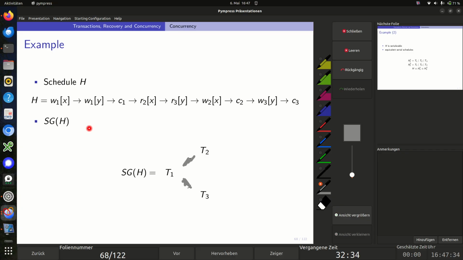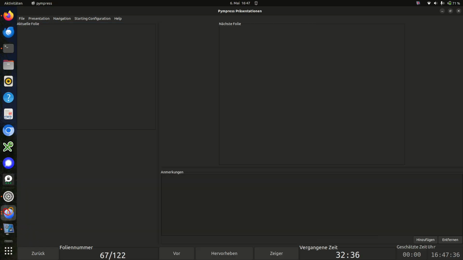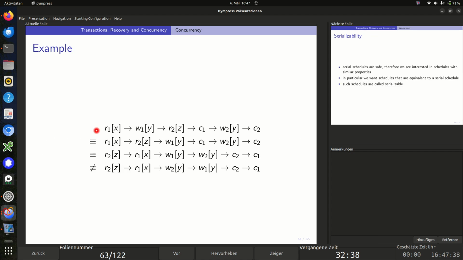Just 3 or 4 slides ago, we were just changing the place of these commits. So we still have the same operations, but we just swap the positions of the operations.